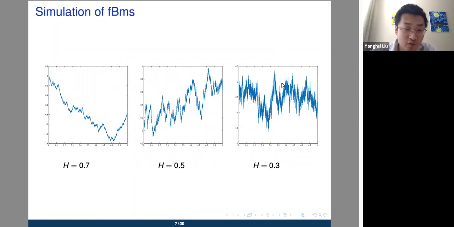Remember, it has a parameter H. The first picture is when H equals 0.7, the second is when H equals 0.5, and the last picture is when H equals 0.3. Remember, when H is equal to 0.5, this is the sample path of the Brownian motion. As you can see, the path gets rougher when H is smaller.